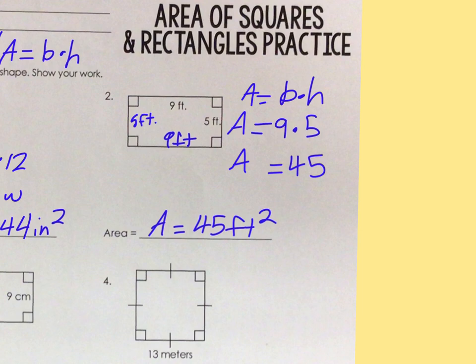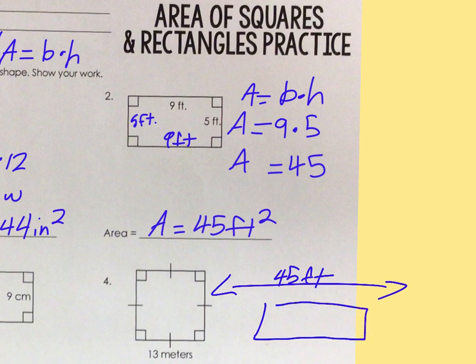If I had 45 feet of board, that's a board that's that long, 45 feet long, right? Now, if I asked for a 45 foot squared board, well, we would have a piece of board that would have what looks like this. So can you see the difference there? That squared makes a huge difference in what you're looking at. It's 2 dimensions. We measured 2 dimensions, and that's why it's squared.